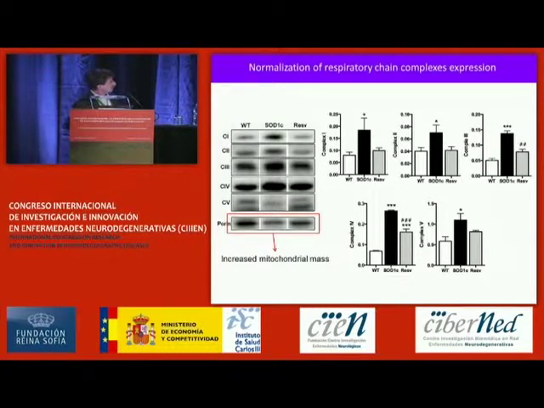Curiously, they found that all the 5 respiratory chain complexes were overexpressed, were hyperactivated in the SOD1 mice, probably indicating that the motor neurons that are surviving, this is coming from samples from only a small piece of the spinal cord, the ventral quadrant. So probably the motor neurons are suffering and are proactivating like a stressful response, all the respiratory chain complexes. And this was normalized for practically all the cases except for the complex 4 with the resveratrol treatment.